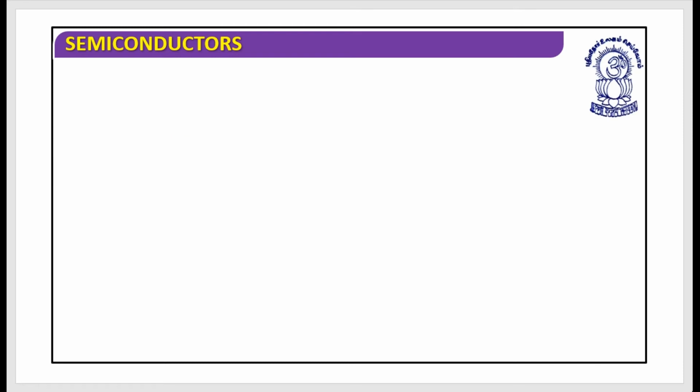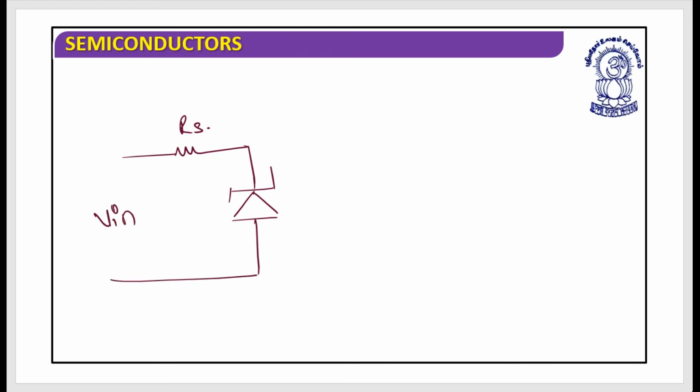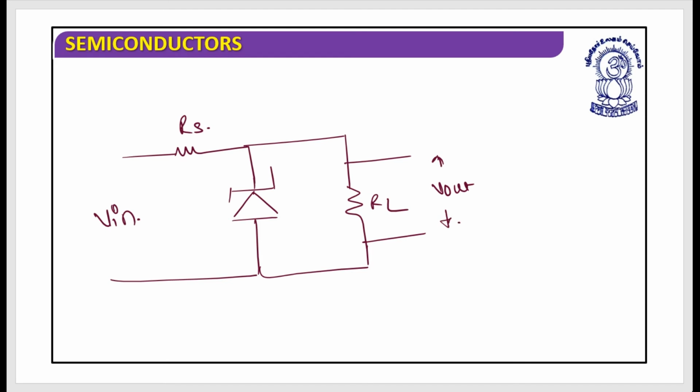Let's understand this in a very simple manner. Suppose this is the supply voltage, this is the resistance RS, and we have a Zener connected here, and this is the load resistance RL across which the output is taken, and this is Vout. Let's say this is Vz.